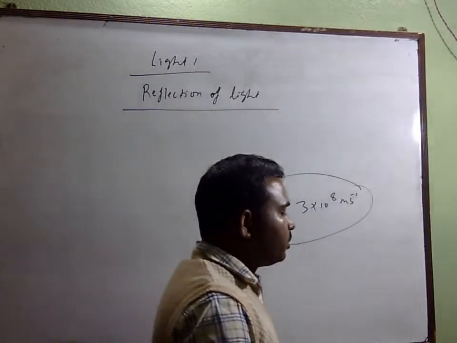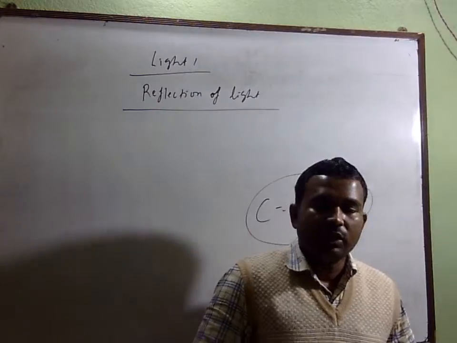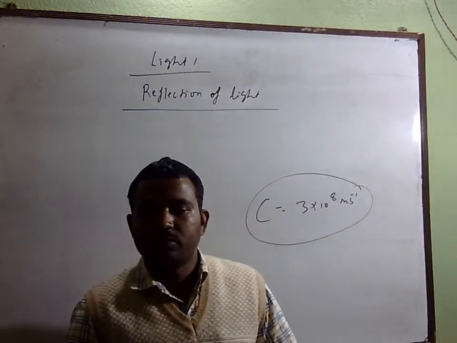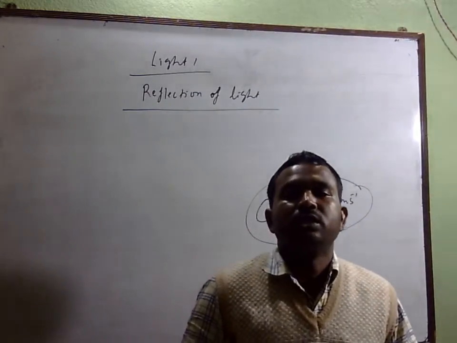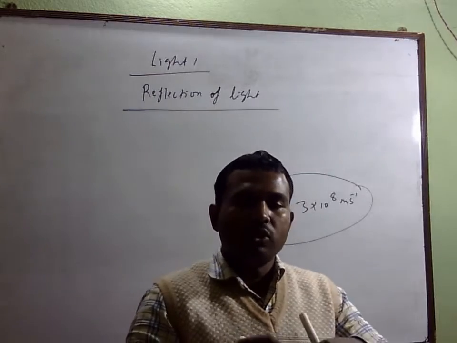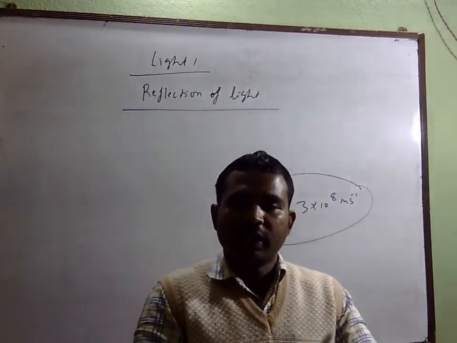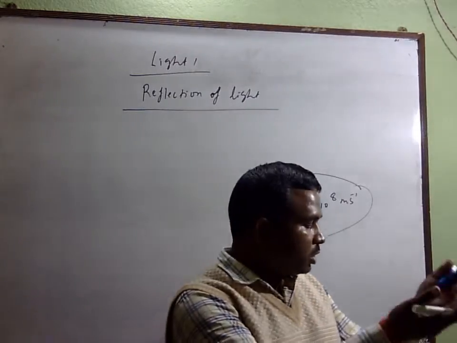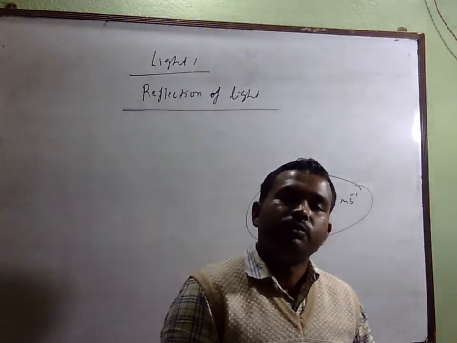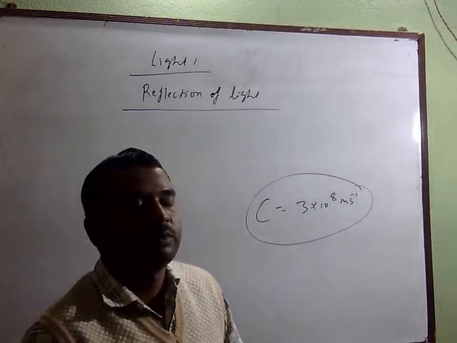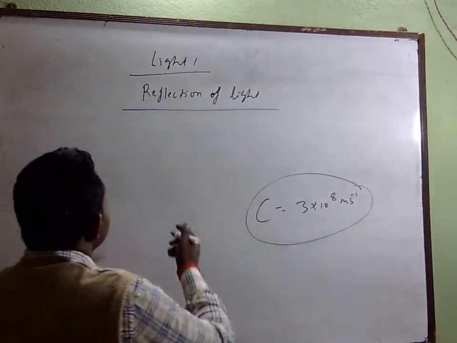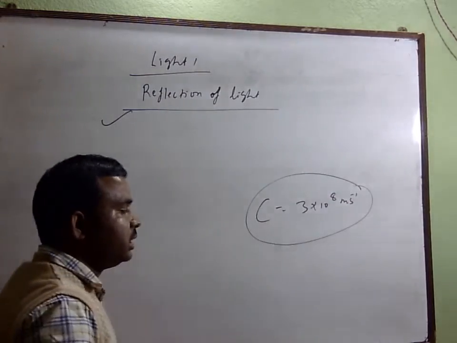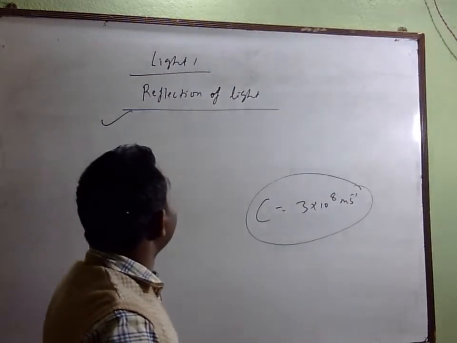If there is no light, we cannot see surrounding objects, because objects need light to bounce. Whenever light falls on an object, it bounces back, and that's why we are able to see such objects. So today in this class we will discuss Light One.